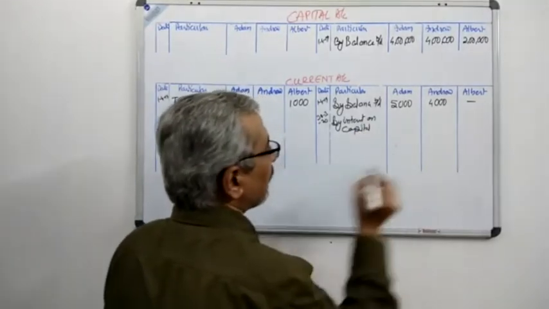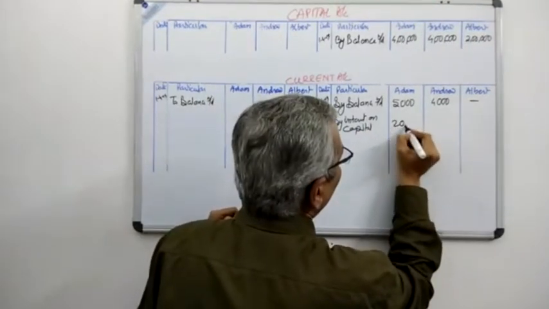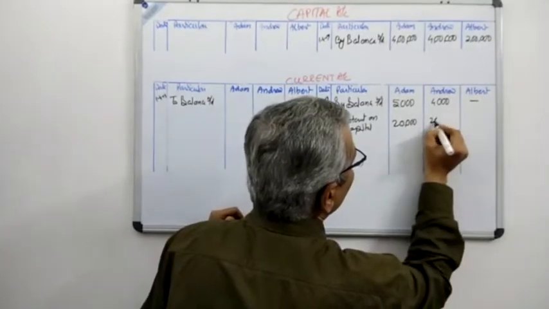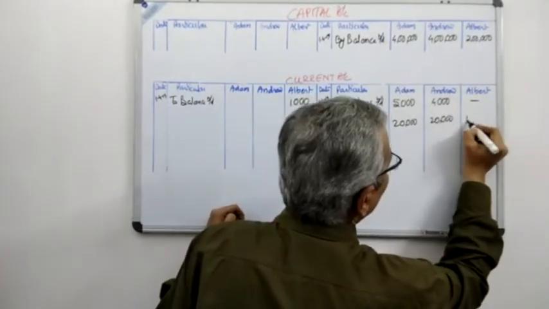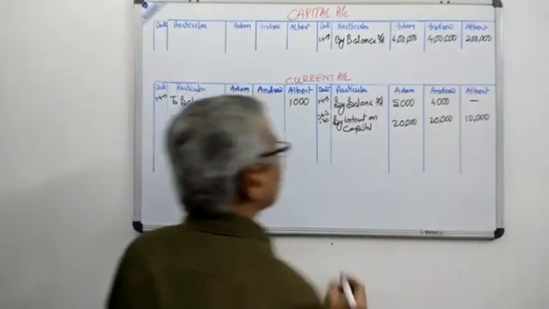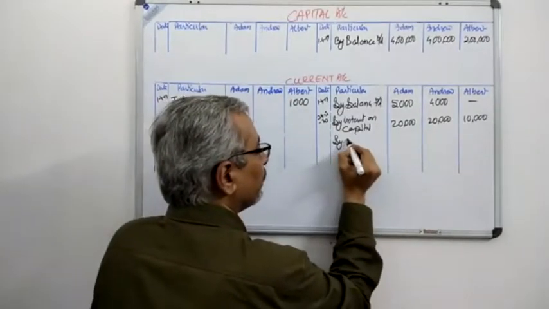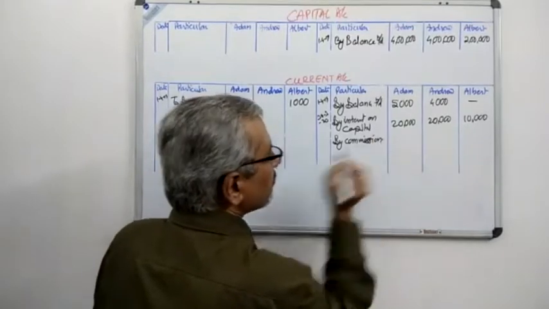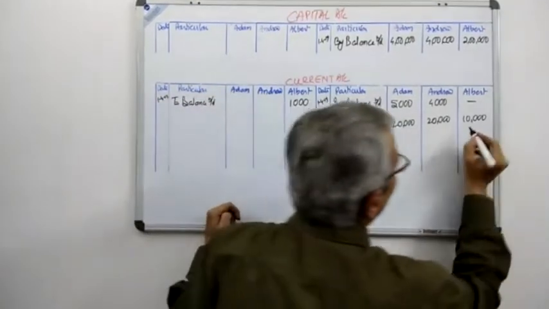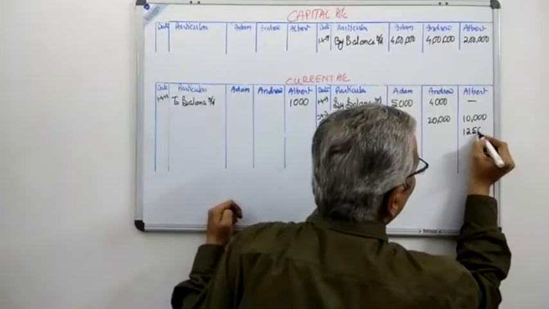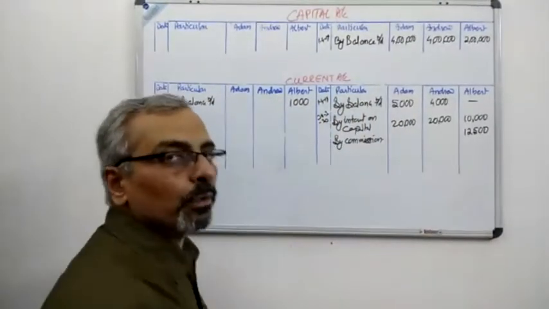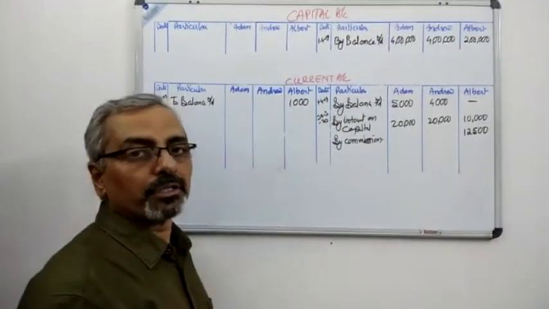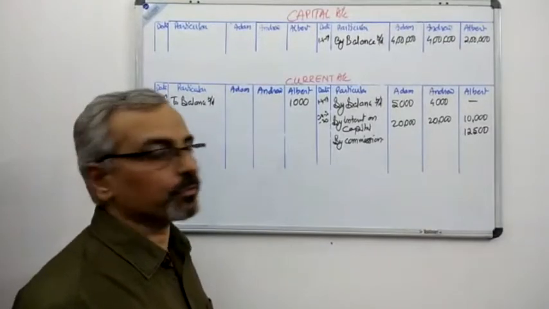Remember very carefully, it's 20,000 for the first partner, 20,000 for the second partner, and 10,000 for the third partner. After that, we have by commission, and there is only one partner who has received the commission, and the partner is Albert, 12,500.